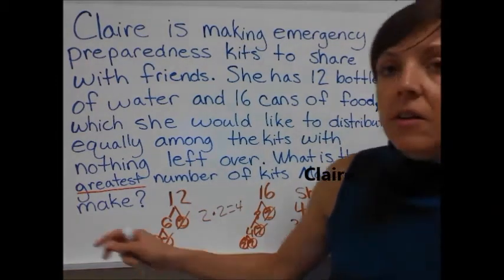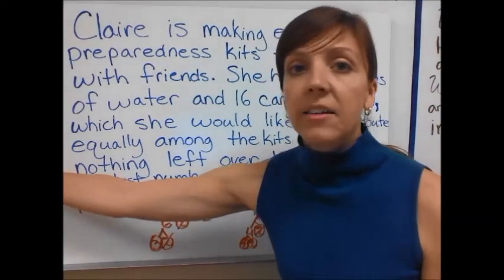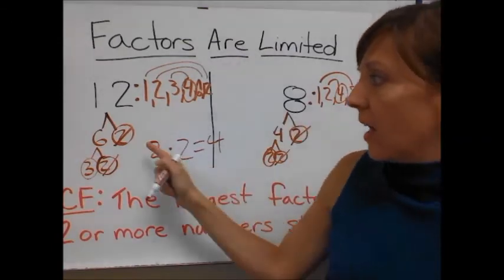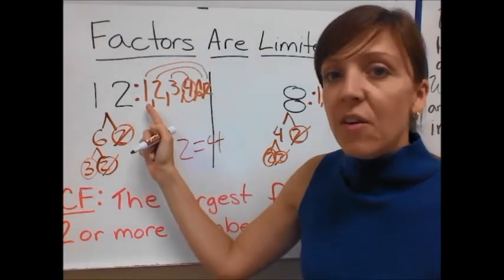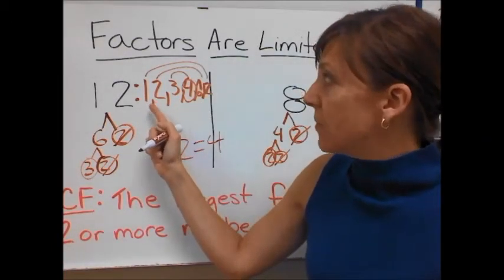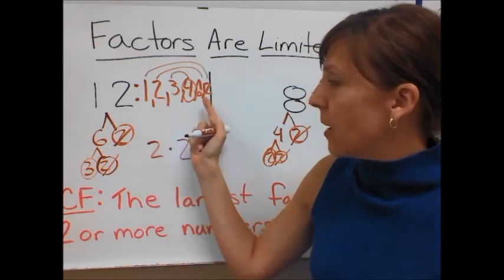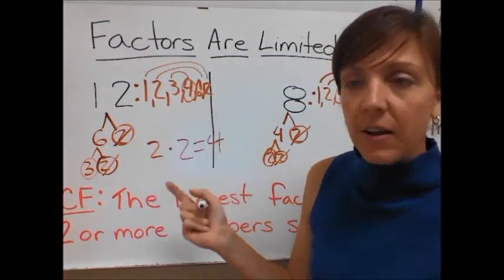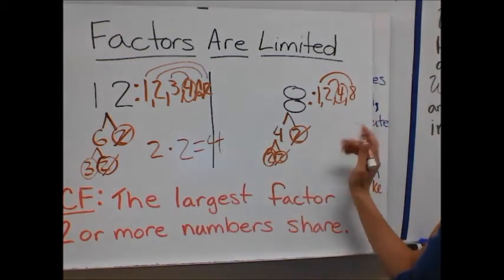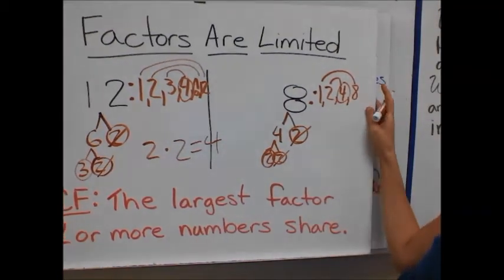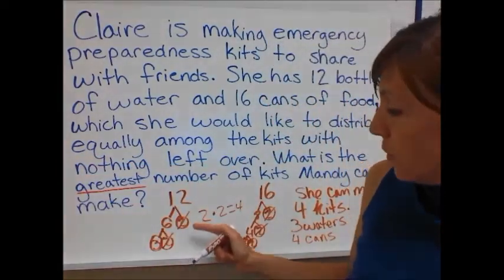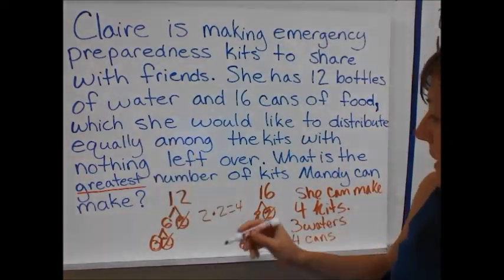Okay. Now, earlier on the last slide, I said that factors are limited. What I mean by that is that there's only a certain number of them. For the number 12, there's only 1, 2, 3, 4, 5, 6 factors. And for the number 8 here, there were only 4 factors. On this slide, for the number 12, it's the same amount of factors.